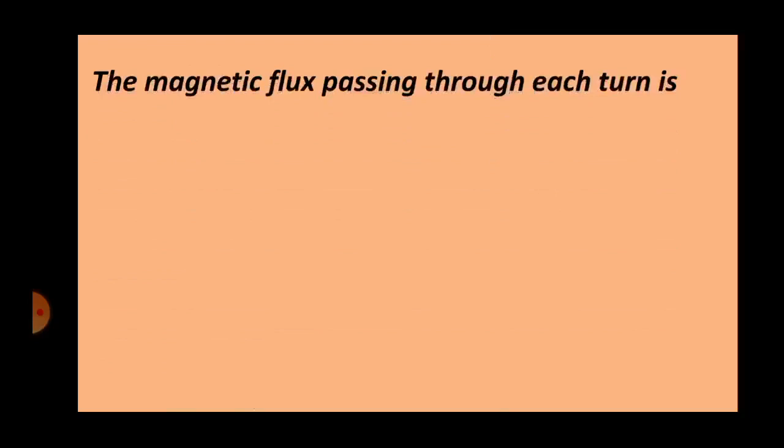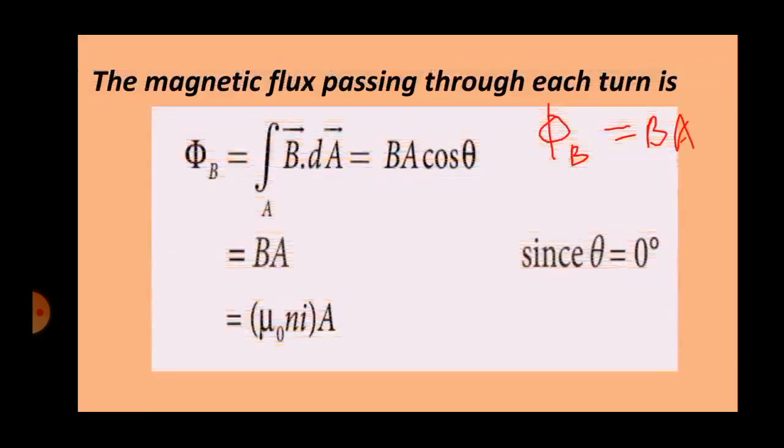Okay. Now the magnetic flux passing through each turn. Students, you already know that the magnetic flux, or magnetic field lines of force passing through the area of the solenoid, is given by phi B, which is equal to the integral of B vector into dA vector. This is a vector quantity. Now write the magnitude of magnetic flux: B A cos theta. What is the angle between the magnetic field and the area?